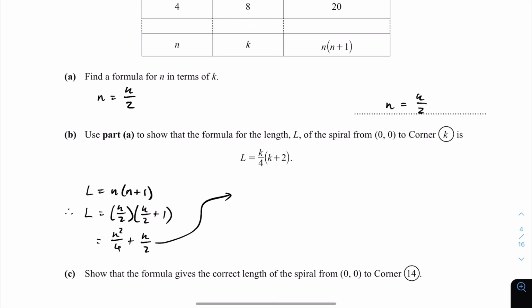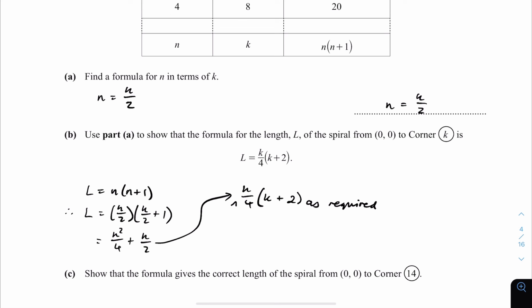And we can factor out a K over 4 like they've done over here. So we get K over 4 times, K over 4 goes into K squared over 4 K times, and then K over 4 goes into K over 2 two times. So therefore, K over 4 times K plus 2, as required.